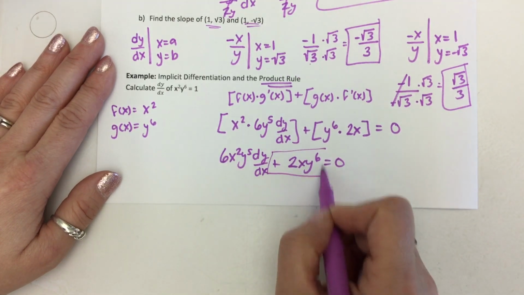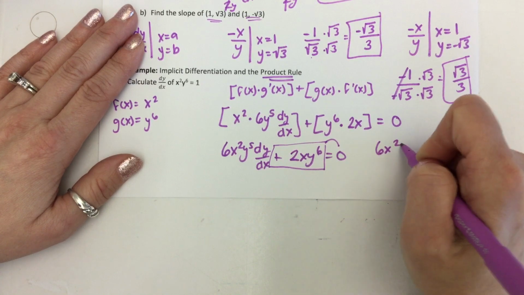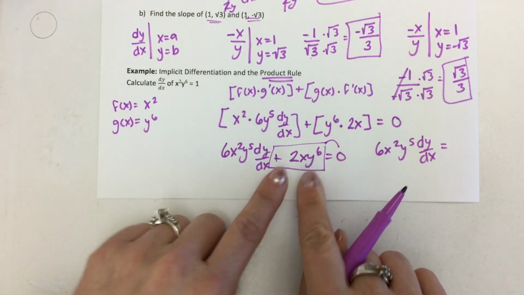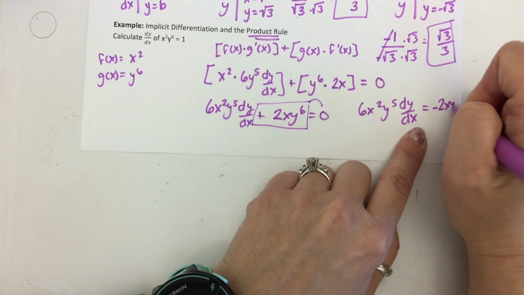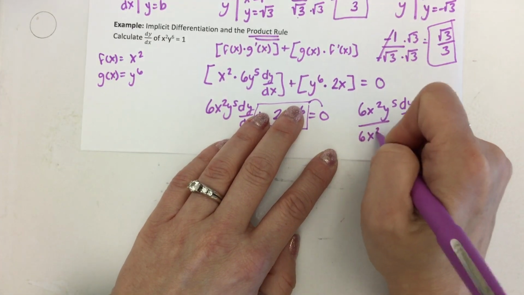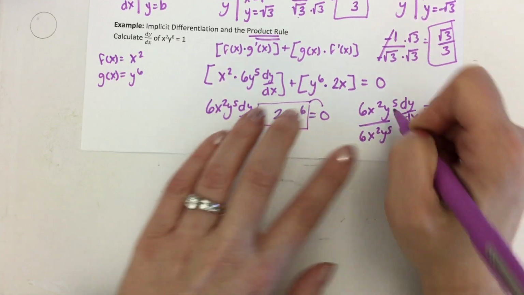My first step, move that to the other side. 6x squared y to the power of 5 dy over dx equals, this is positive on this side, so when I move it here, negative 2x y to the power of 6. To solve, I need to divide both sides by 6x squared y to the power of 5.